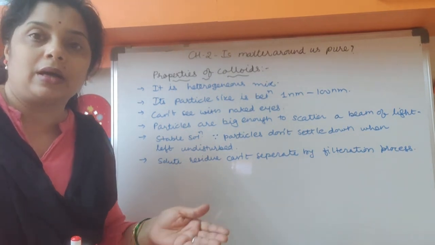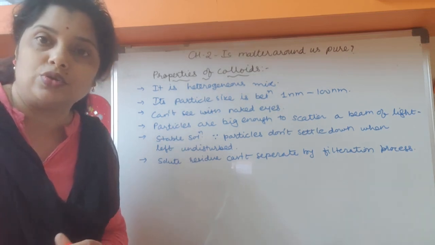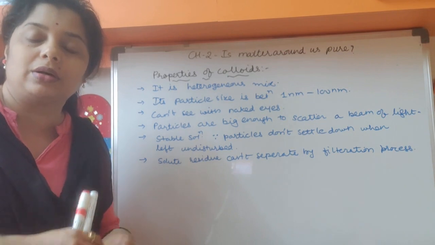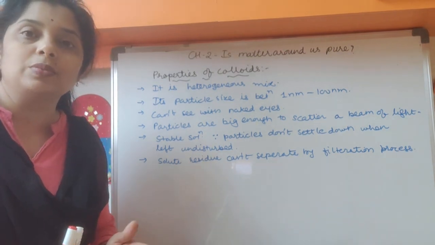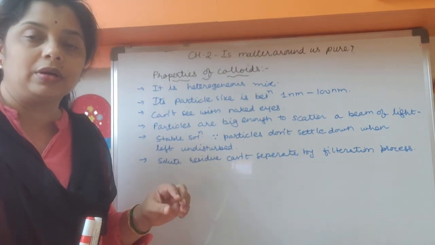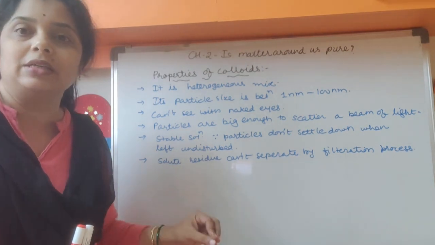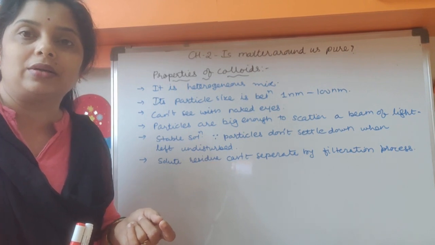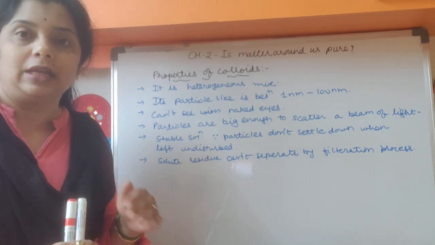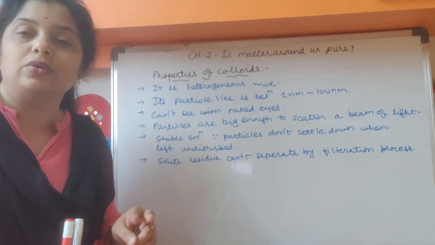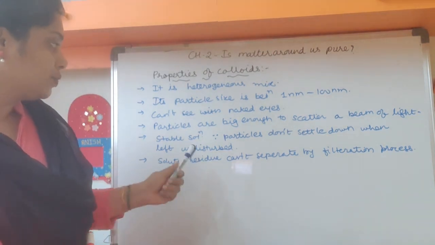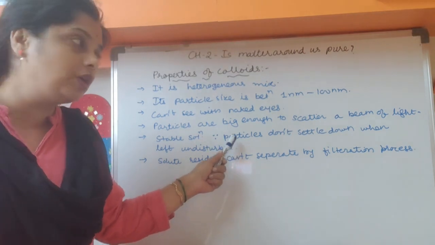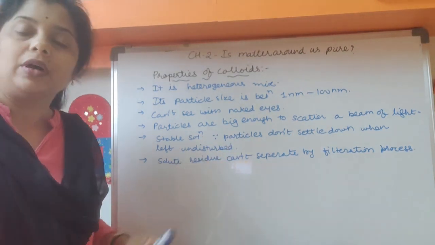As we already saw in activity 2.2, the milk and water solution we made, if we leave it as it is for an hour or 2 hours also, we can't separate the milk particle layer. We can't see two different layers. So we can say that it is a stable solution because particles do not settle down when left undisturbed.